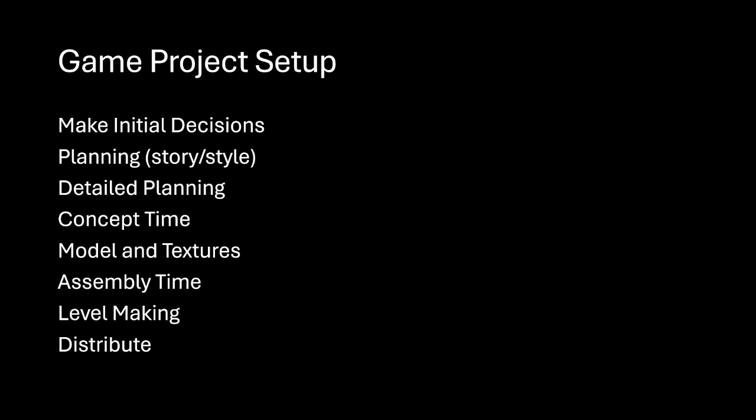Level making is where we make, let's say it's a fighting game, level 1, level 2, level 3. We will make level 1 slightly easy, then level 2 will be hard, and level 3 will be the hardest level, and so on and so forth.